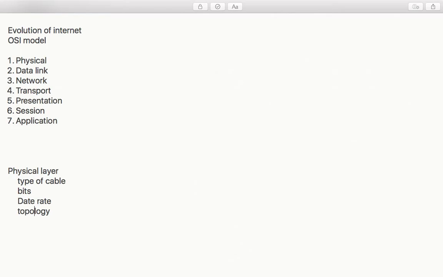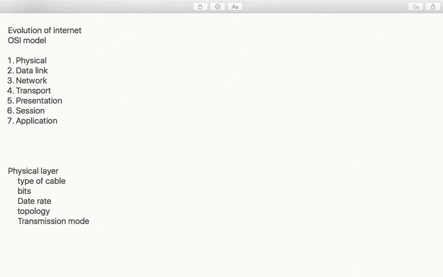Other than these four, one more is there, and that is your transmission mode. In transmission mode, as you know, there are two entities. In order to have communication, it needs to happen in one of three modes: simplex, half duplex, and full duplex.